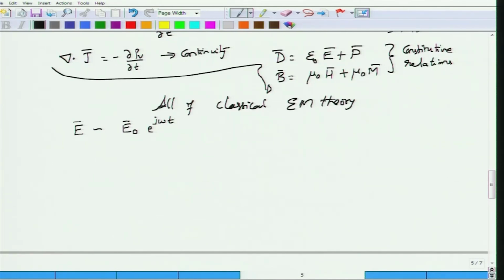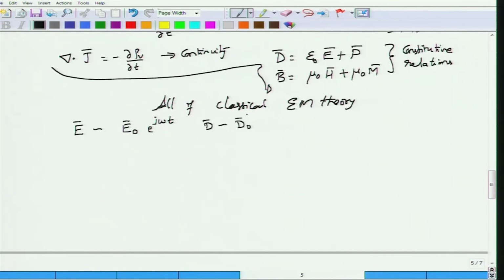So, it is actually a sinusoidal wave pointing in a certain direction, but with respect to time it is changing as a sine or a cosine wave, or in general a complex exponential way. Okay. We assume that all the fields are changing like this.